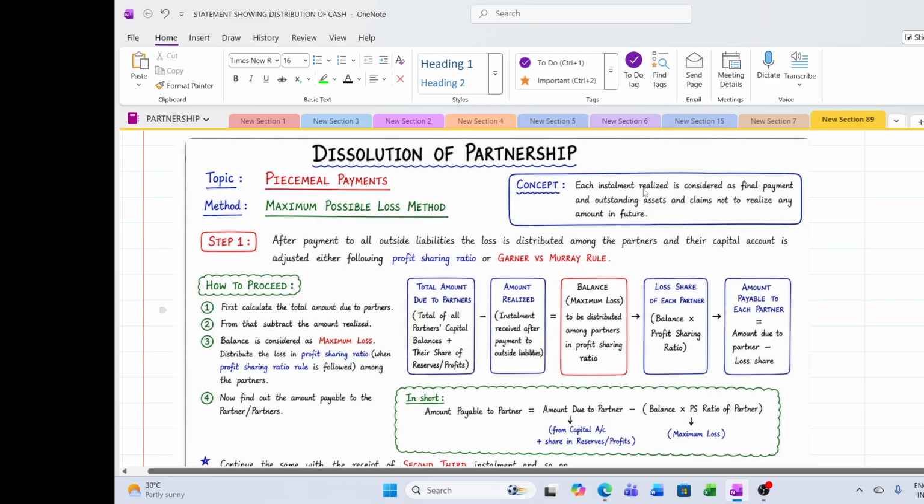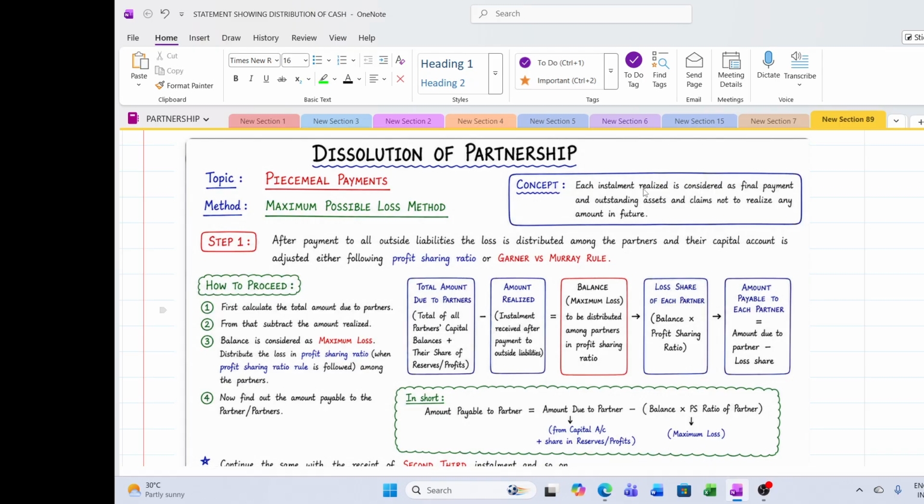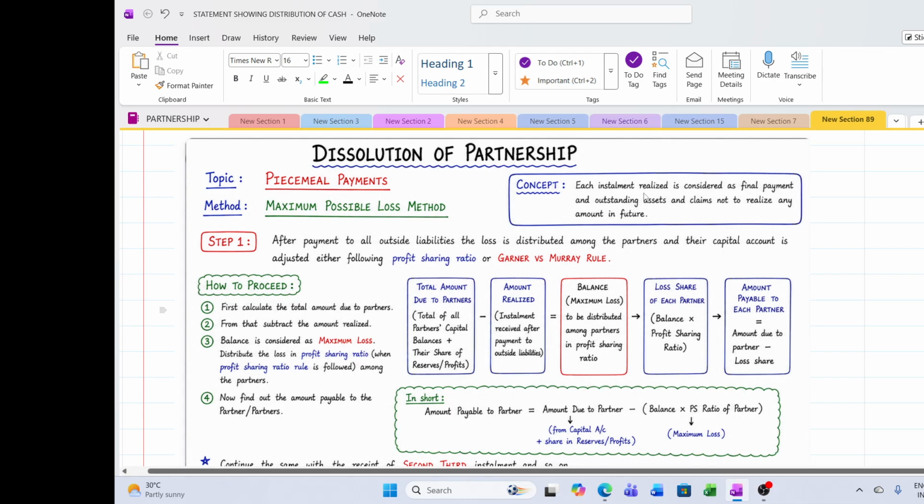Only this installment is considered the final payment; the rest we are not going to receive. So whatever payment is due to the partners minus the amount realized will be the maximum loss.